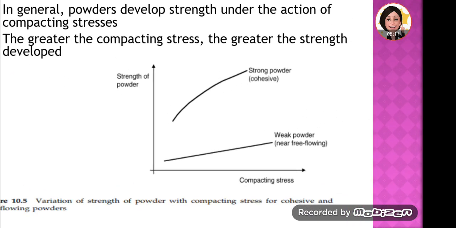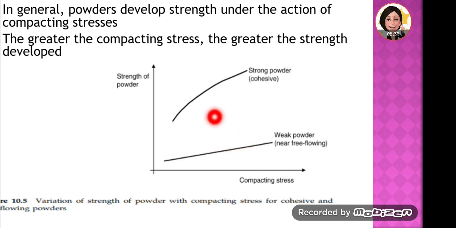So if we look at this figure, as the compaction stress increases, the strength of the powder increases. So this is for a weak powder. As the compaction increases, the strength of the powder increases faster.